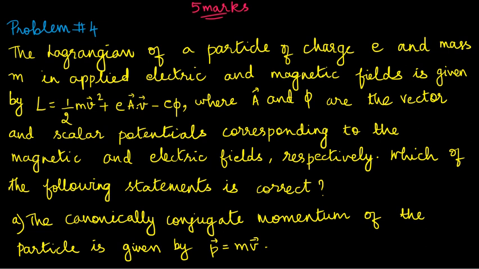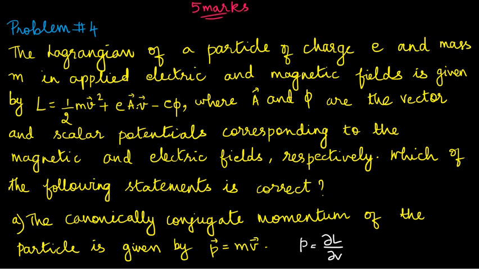Now the first option says the canonically conjugate momentum of the particle is given by P equal to mv. I know that the canonically conjugate momentum here will be dou L by dou V, right?